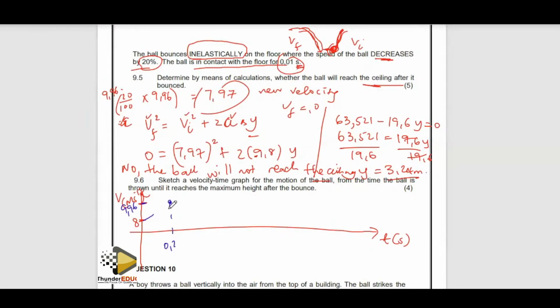There is a 7.97 when it is bouncing off. So I'm going to put it here, 7.97. So which means this is also 7.97, when it is bouncing off.